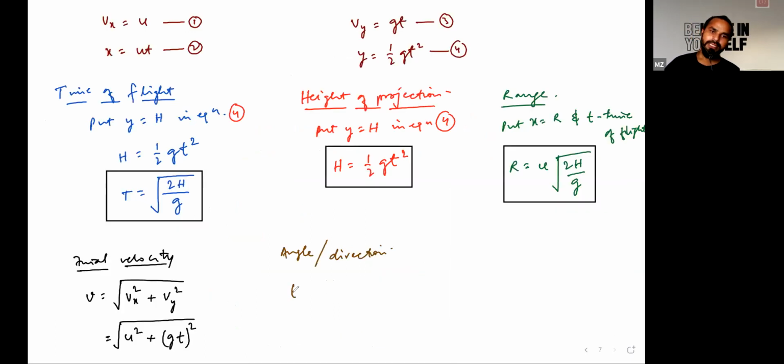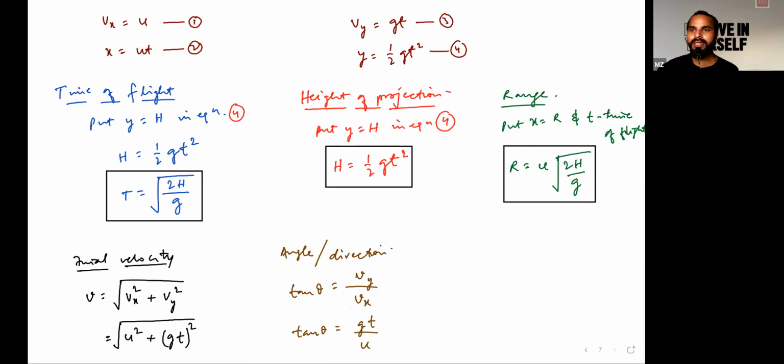So tan theta is equal to perpendicular divided by base. We have component Vy as gt and value of Vx as u. Just put it, so it will be g times t divided by u, which is equal to tan theta.